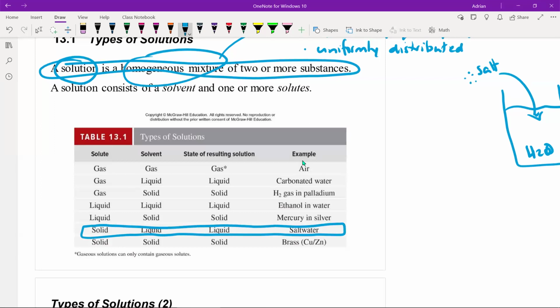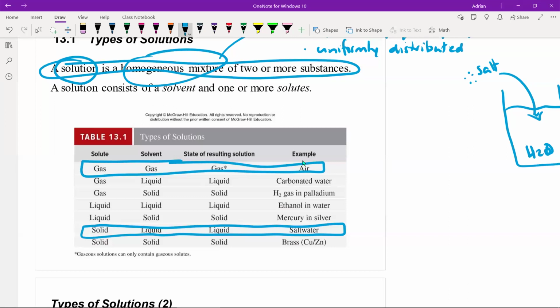However, we have examples like we just talked about in the last section. We talked about gases, right? And the air around you is actually a solution. It is a homogeneous mixture of a bunch of different gases, where nitrogen is the solvent, the main component, and then all the other gases there are going to be the solutes.